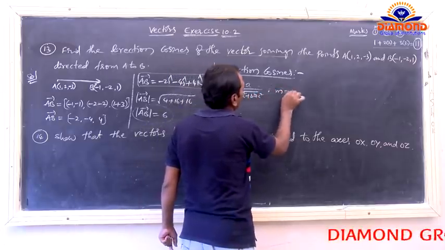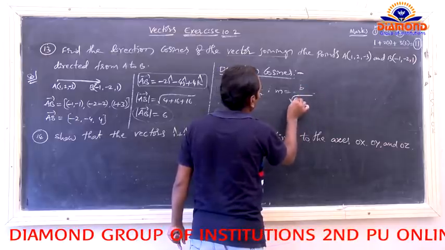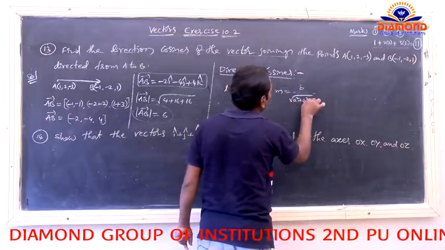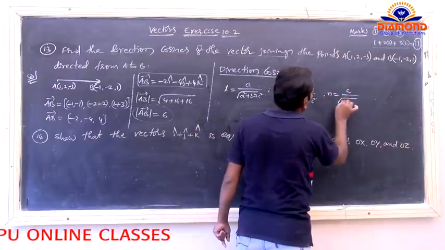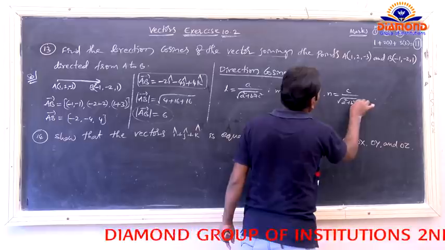M equal to B divided by square root of A square plus B square plus C square. N equal to C divided by square root of A square plus B square plus C square.